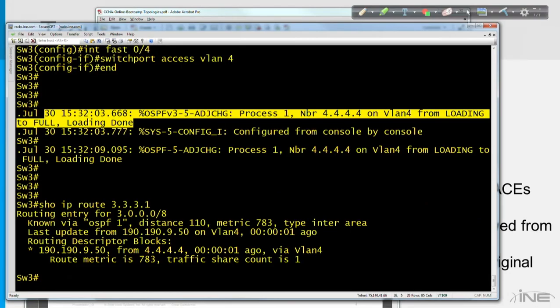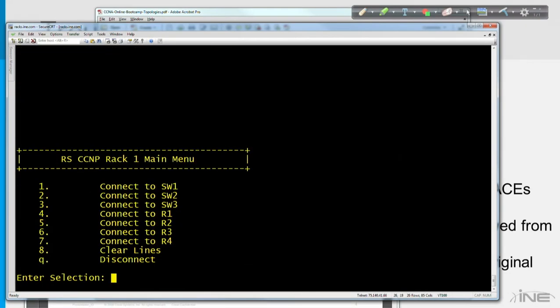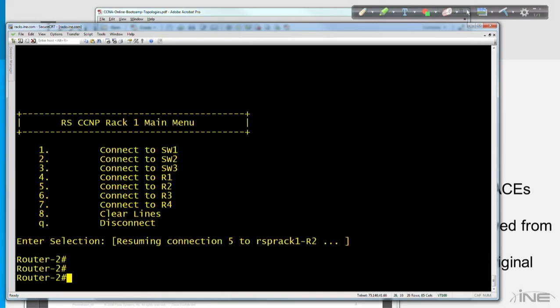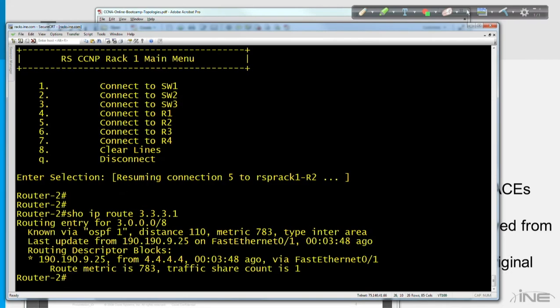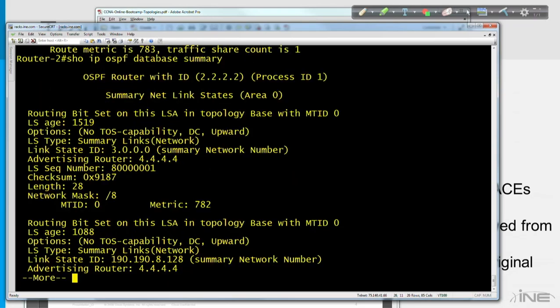And so now if we go back to R2, R2 should now have 2 routes to get to 3331. This is clearly the best route. Show IP OSPF database. Summary. And we're looking for a summary LSA. Actually, he only would have received a single summary LSA.